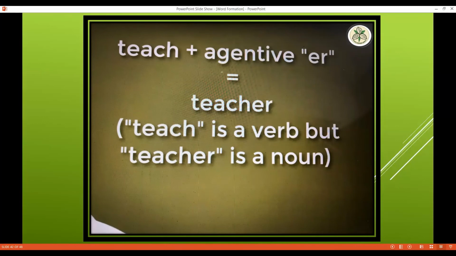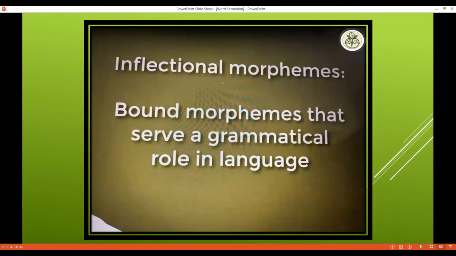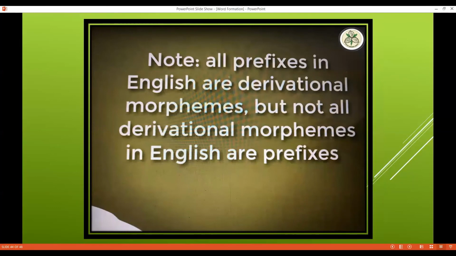So that's what derivational morphemes can do. They can create new words in the language, or they can possibly change the part of speech or lexical category from one to another. Note that all prefixes in English are derivational morphemes, but not all derivational morphemes in English are prefixes.